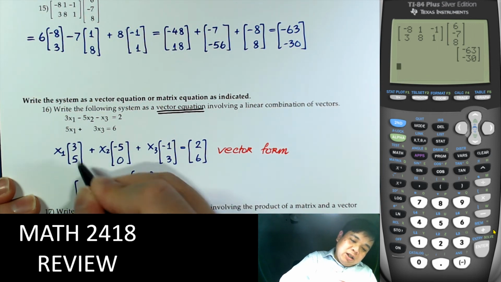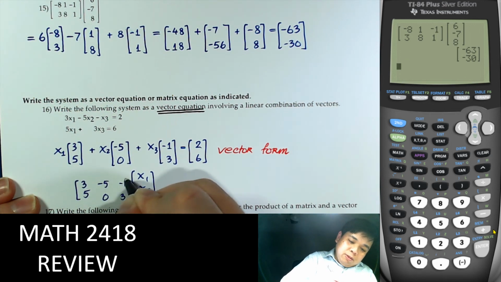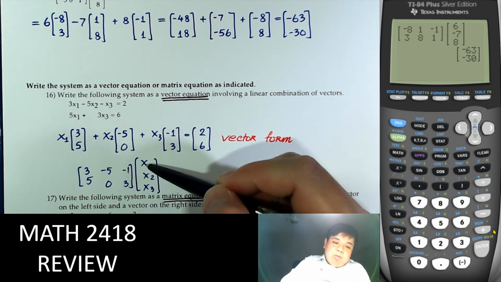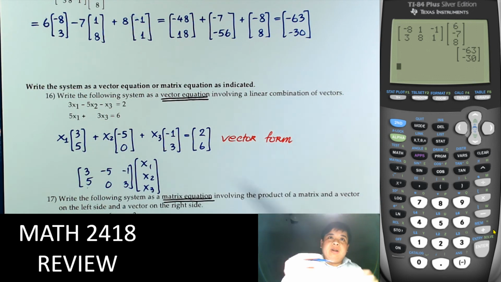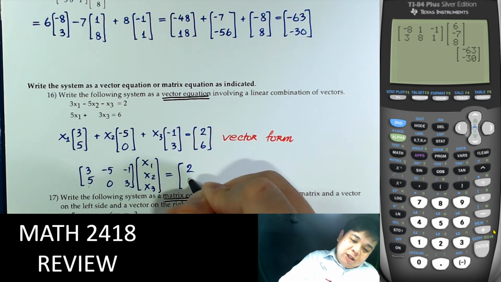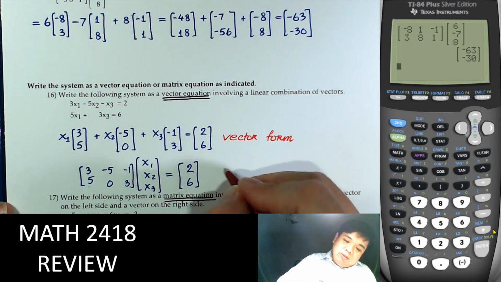And we'll just stack the columns as a matrix, so the first number with the first column, the second with the second column, the third with the third column, and combine all of that equal to 2 and 6. So that was the vector form, and this is the matrix form.